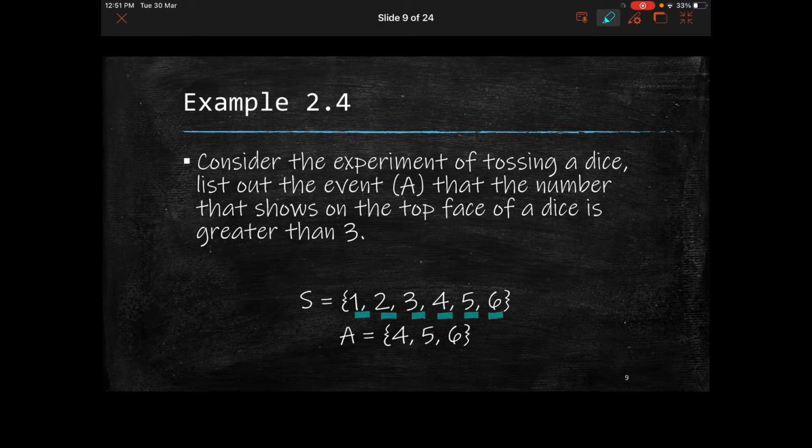An event could be tossing a dice and looking for the number that shows on the top face of the dice which is greater than 3. So an event is A. The sample space for an event A is a subset of S, which are 4, 5, and 6.